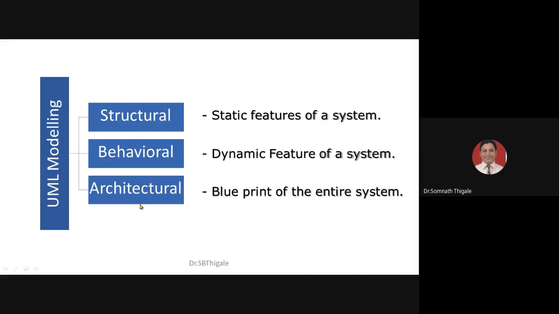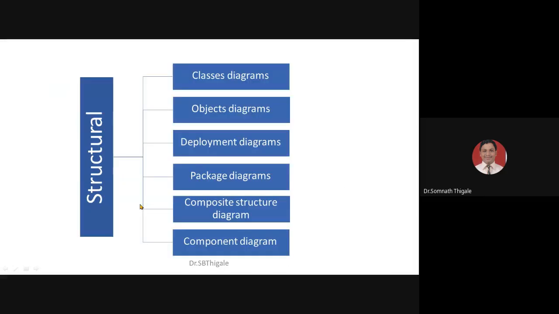As a part of this OMD part, in the structural diagrams, an important point is that there's no need to draw a separate object diagram, because we represent it in the class diagram also. Again, no need to draw a separate package diagram, because packages we represent in terms of component diagrams also.